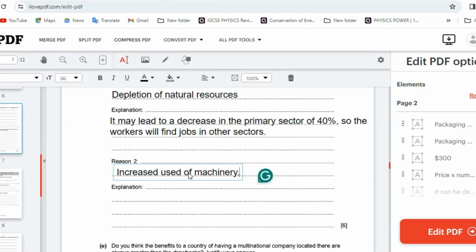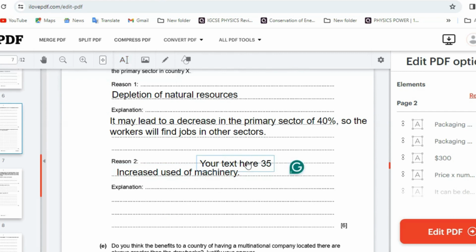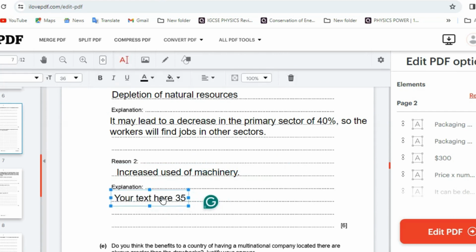Increased use of machinery. And now let's try and bring out our explanation here based on the use of machinery. Of course, using this increased use of machinery or technology in primary sector, it will reduce the need for employees.